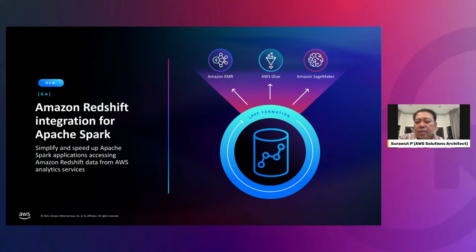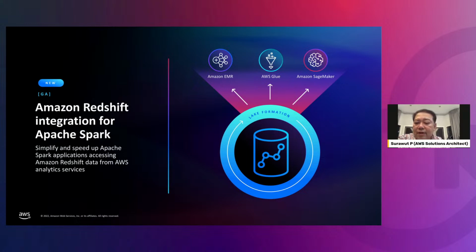Okay. The same thing on analytics. Even with a data warehouse, in the past, when you had a stream, you needed to create an application to accept that stream information, cleansing, transforming before inserting into Redshift. Right now, we have Amazon Redshift streaming ingestion.